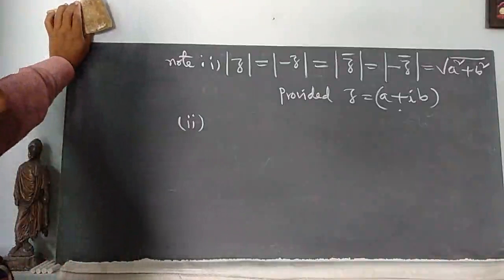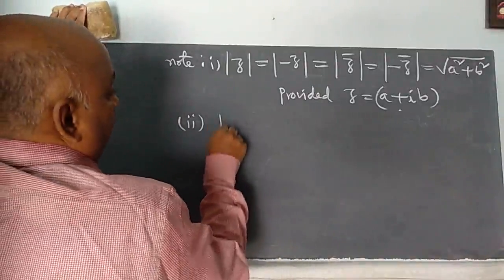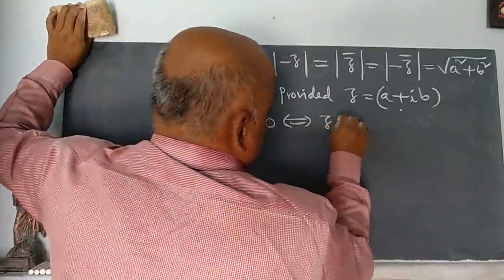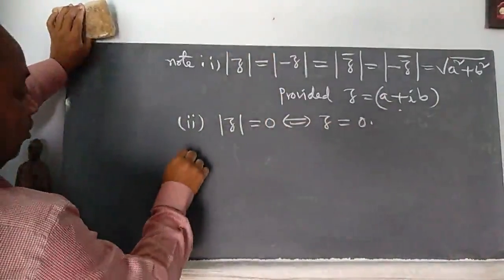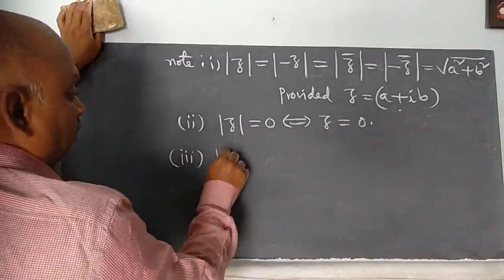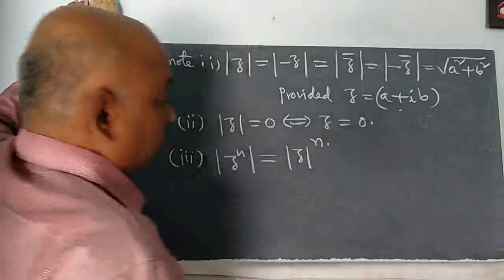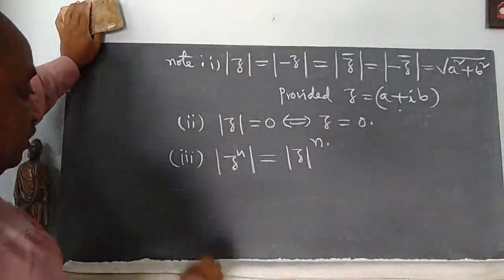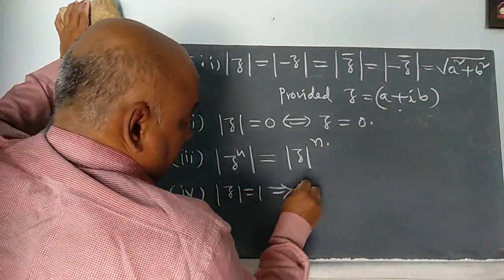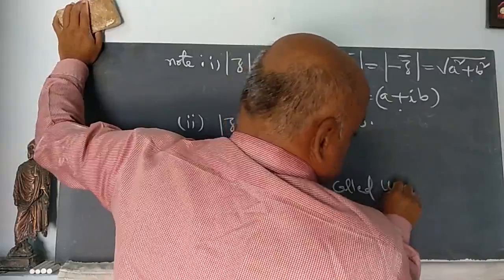And the second point, mod z equal to 0 if and only if z is equal to 0. And third point, mod z to the power of n is equal to mod z whole to the power of n. Fourth point, if mod z is equal to 1, then z is called unimodulus.